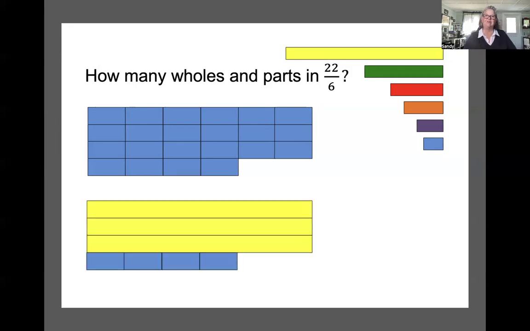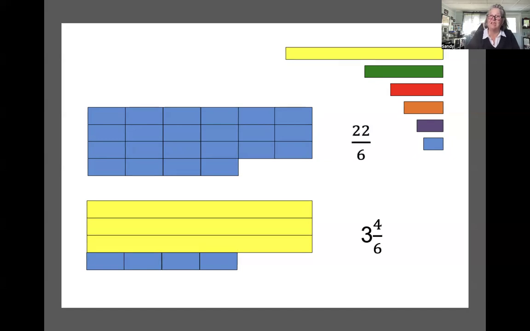I can see I'm going to have 3 wholes and then 4 1/6 pieces left over. So I've got 3 and 4 1/6 pieces. 3 and 4/6 is going to end up being equivalent sizes to the 22 1/6 pieces. 22/6 is equivalent.